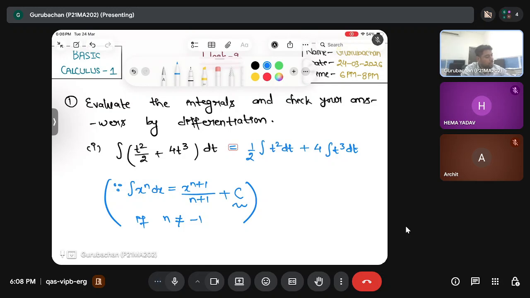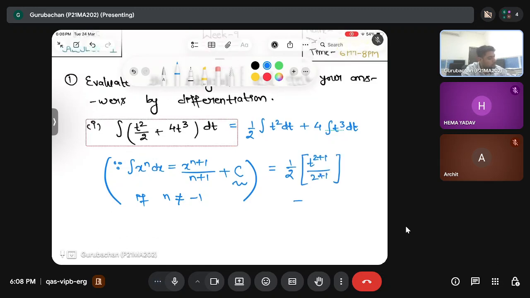Next step, you will get 2 plus 1 divided by 2 plus 1, plus 3 plus 1 divided by 3 plus 1, plus some constant.